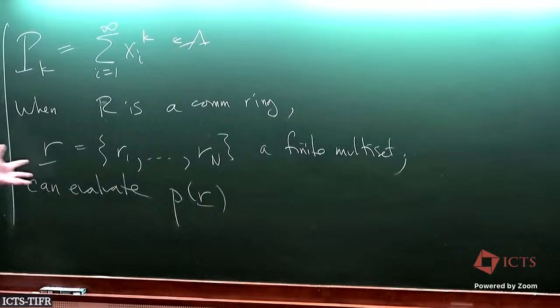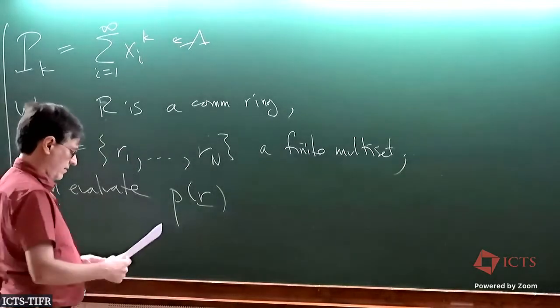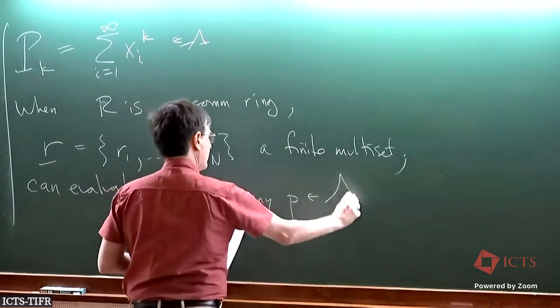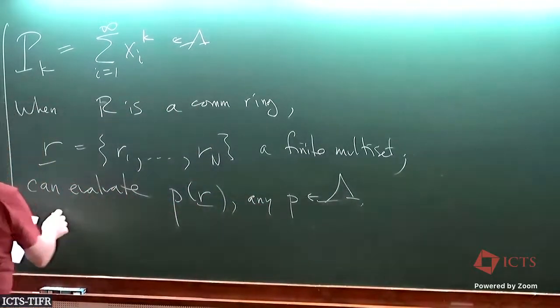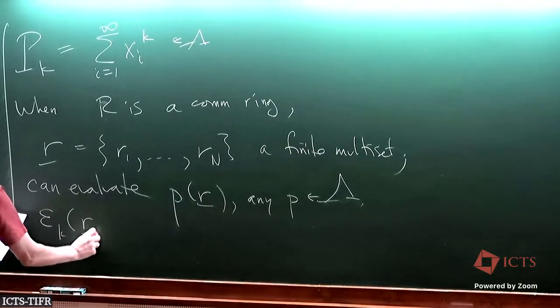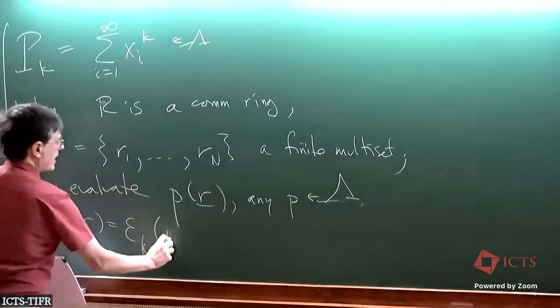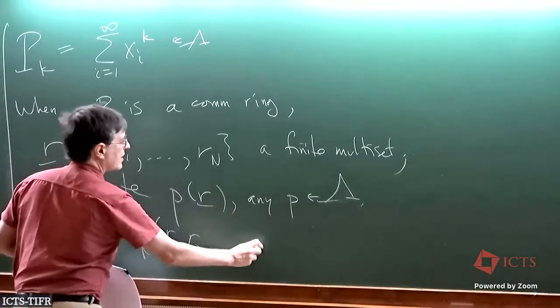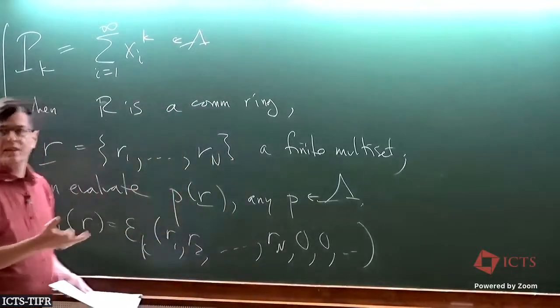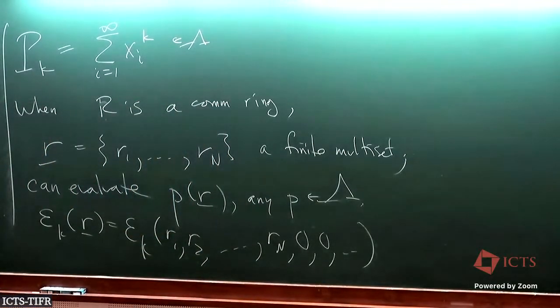I can specialize it to n variables. For example, ek of R would be, I take ek of R1, R2, dot, dot, dot, Rn, and I just put zeros in the other coordinates, and then I can evaluate it.